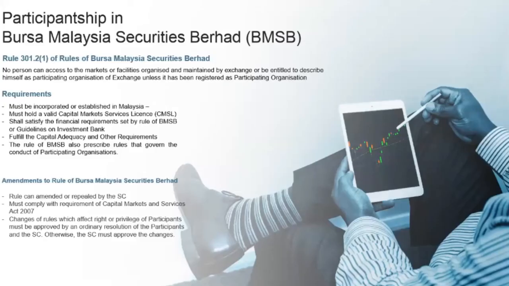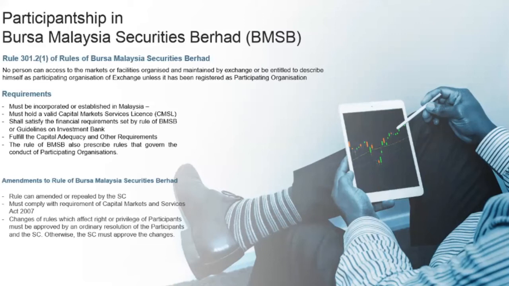So what is participantship in BMSB? Based on 301.2 column 1 of the rules of BMSB, no person can access the market or facilities organized and maintained by the exchange, or be entitled to describe himself as a participating organization of the exchange unless it has been registered as a participating organization.